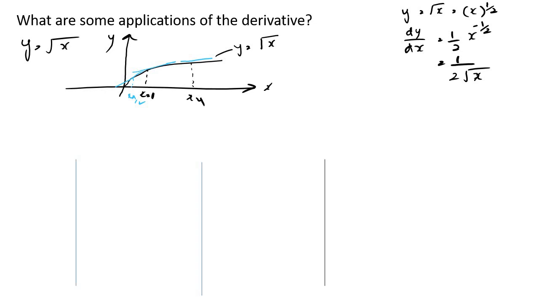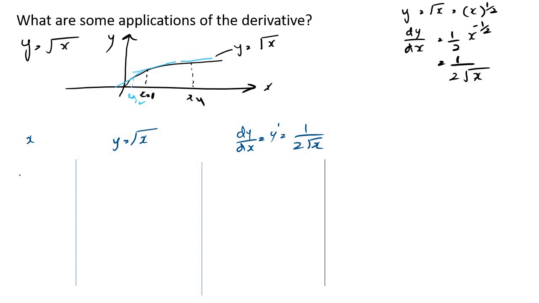So let's make a table. This is x and this is y equals square root of x. That's this function, and we'll write the derivative of it. So dy over dx, or y dash, is 1 over 2 square root of x. That's what we learned.